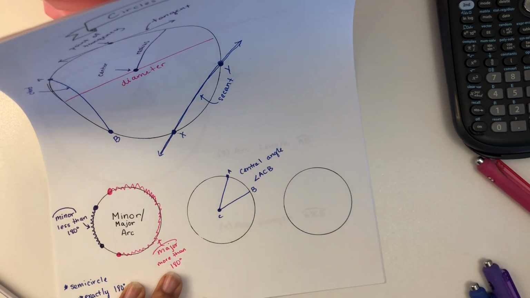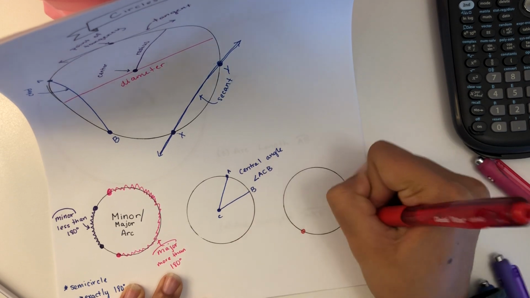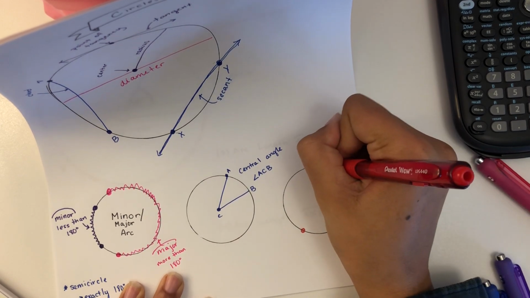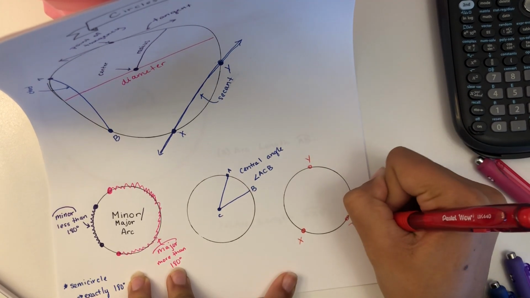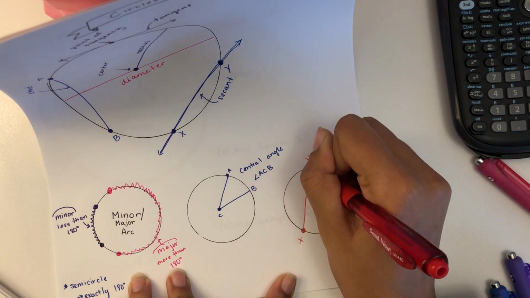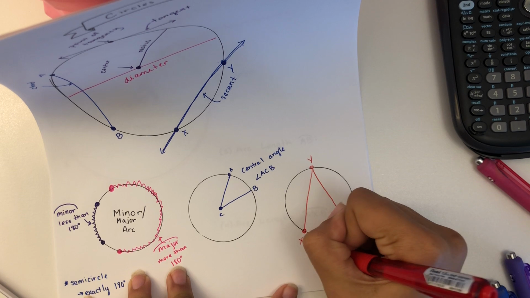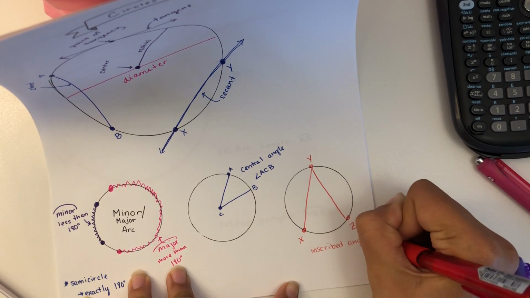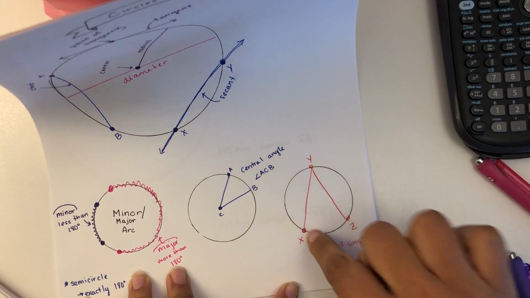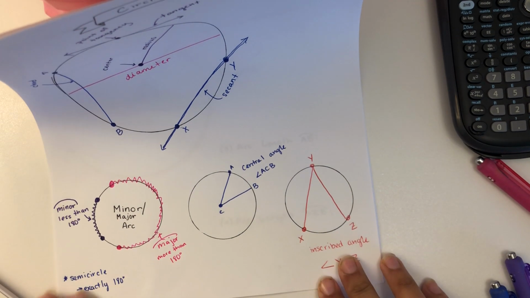And then down here, what's the other kind of angle called? Inscribed angle. And that is angle XYZ. All right, that's our first page of note taking.